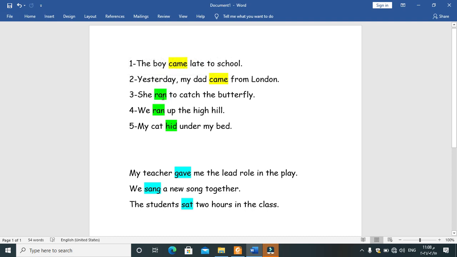What about the verb ran? She ran to catch the butterfly. And number 4, we ran up the hill. We ran up the high hill. And for the verb hid, my cat hid under my bed. Again, we have came, ran, and hid.